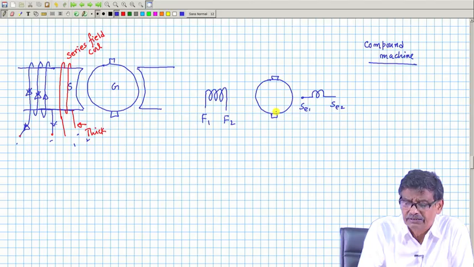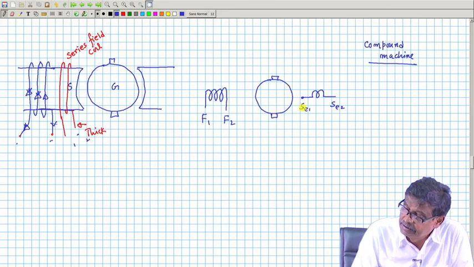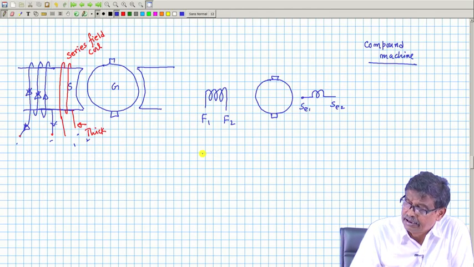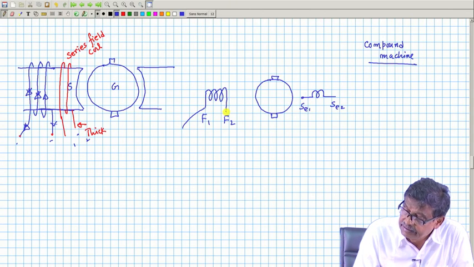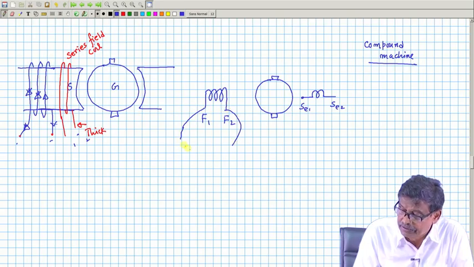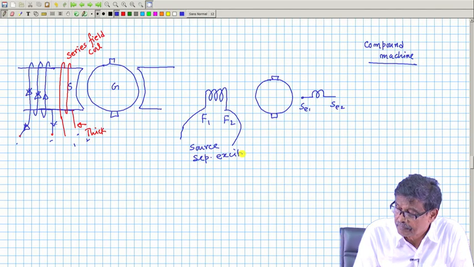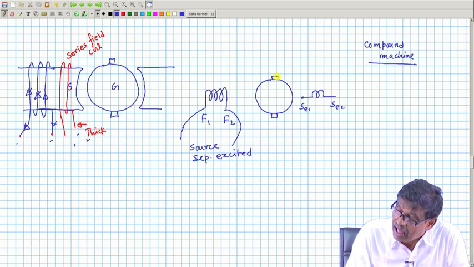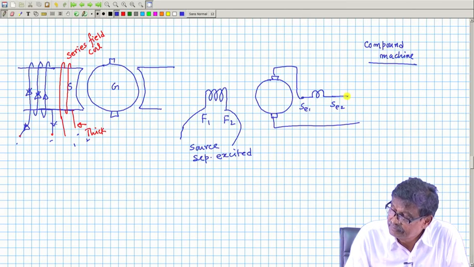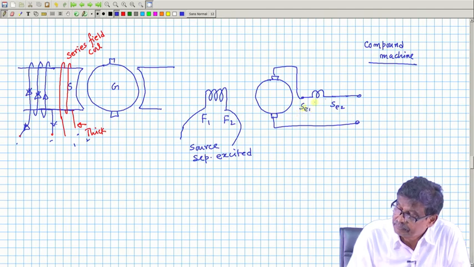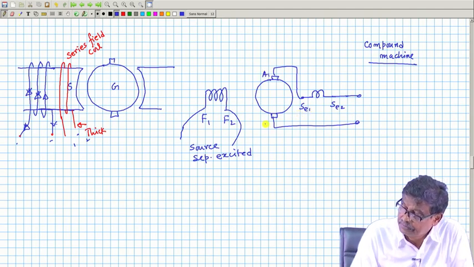One of the easiest ways to make up for the loss in voltage is to have a series field winding, and these two then connect. If it is a separately excited machine, excite it from a separate source, and the armature winding you connect like this. This is A1, A2.